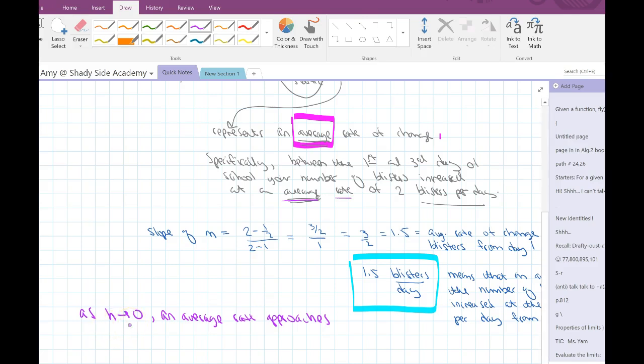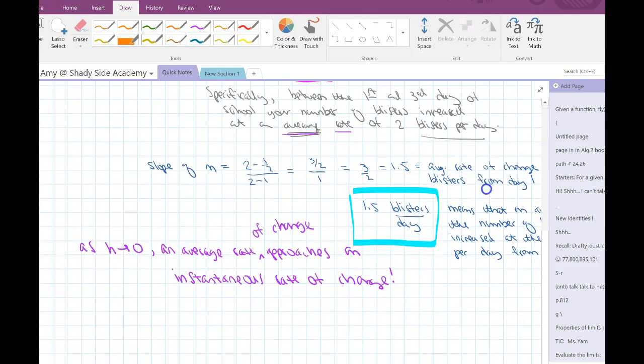The change not just over an interval of time, but at a particular single moment in time, right? As h approaches 0, an average rate of change approaches what's called an instantaneous rate of change.